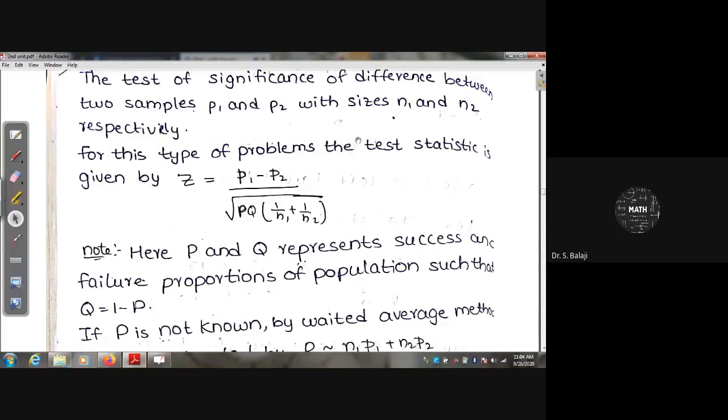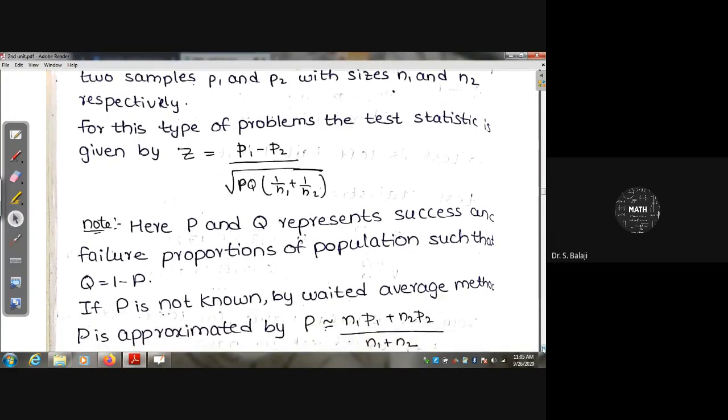Suppose we deal only with the samples, and you don't know the population from which the samples are taken. Then we can discuss P with the help of the weighted average method.